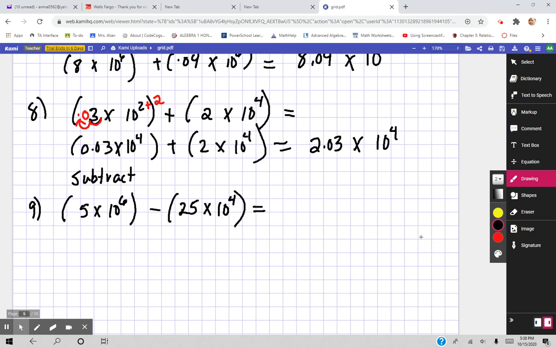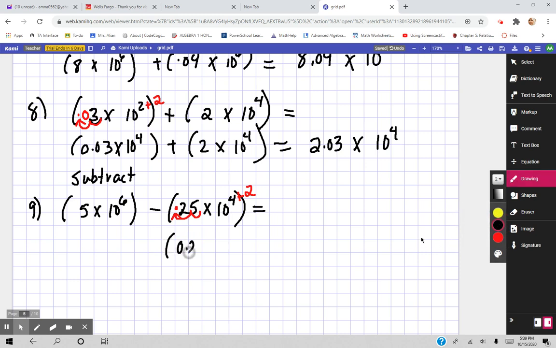Okay, we need matching powers. We don't have that yet. So that means we have to add 2 here. Okay, well, we just made this larger by 100. We have to divide this by 100. Okay, we've got to make this smaller. So we're going to move the decimal 2 places to the left. Okay, and now we're ready to subtract.